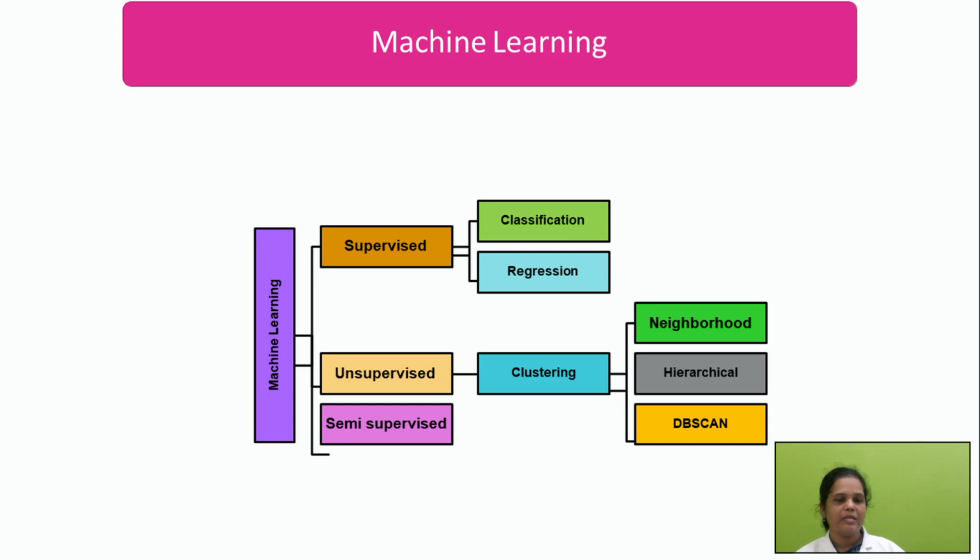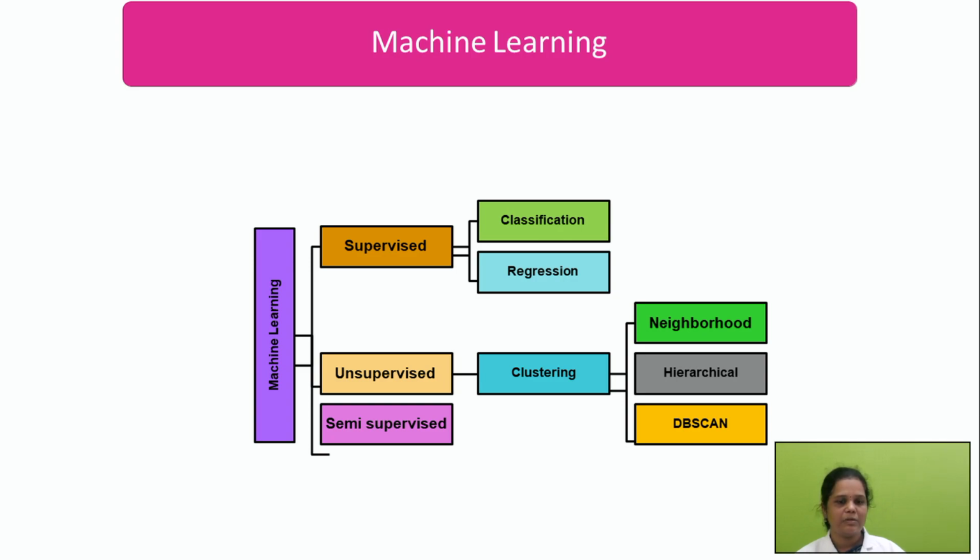Unsupervised is nothing but learning without any predetermination. The machine is trained only after some input is given, and based upon that it gives the output. That is unsupervised. Semi-supervised is where the machine is partly trained, and partly it gives the output once the input has been given to the machine.